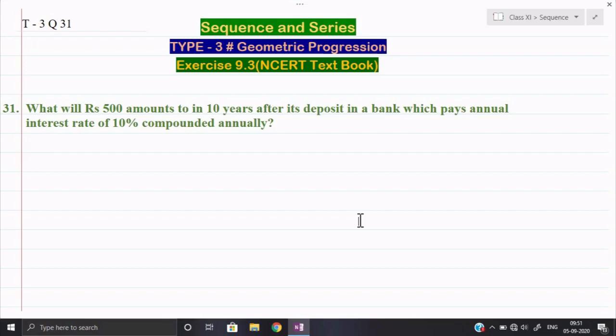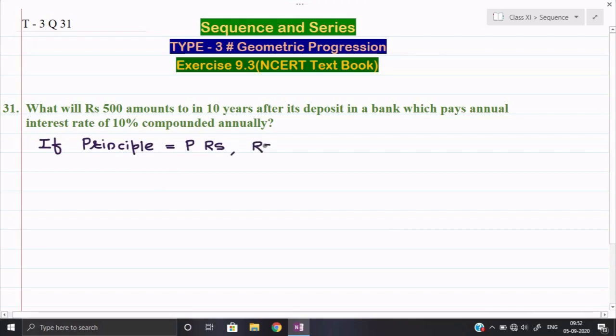So first, suppose I take principal P. Principal is equal to P rupees.